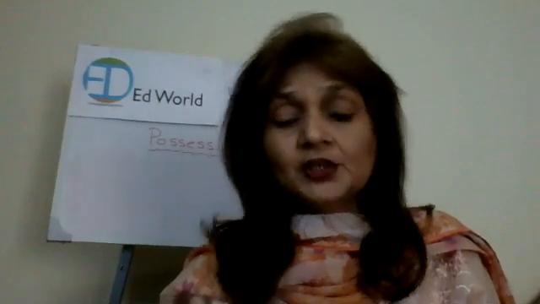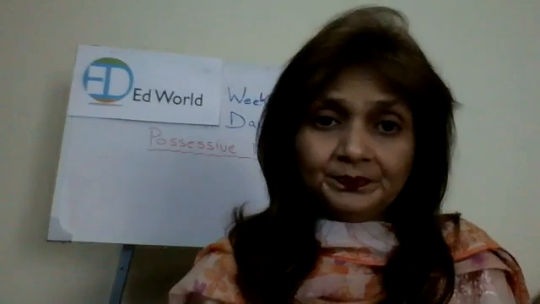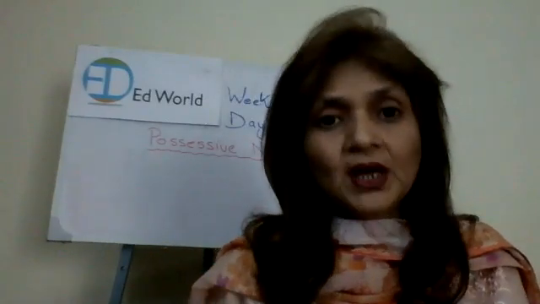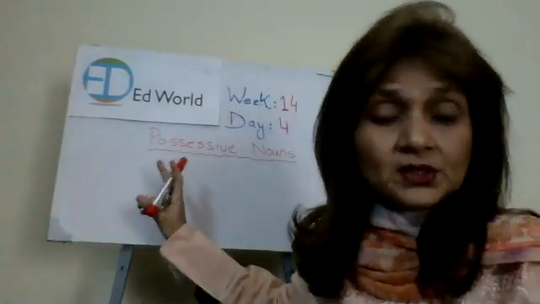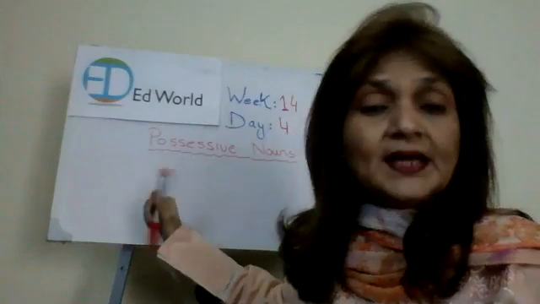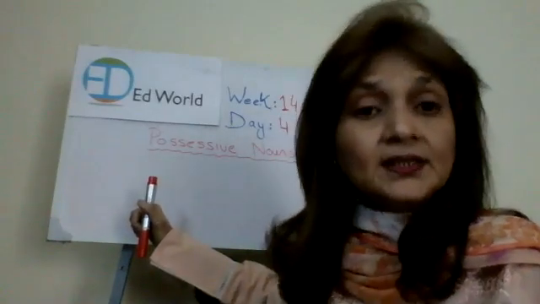Sarah's pencil. You all have something that belongs to you. Now, whenever we are writing something that belongs to us, we are going to write possessive nouns. This is the topic that we are going to do today, that is possessive nouns.